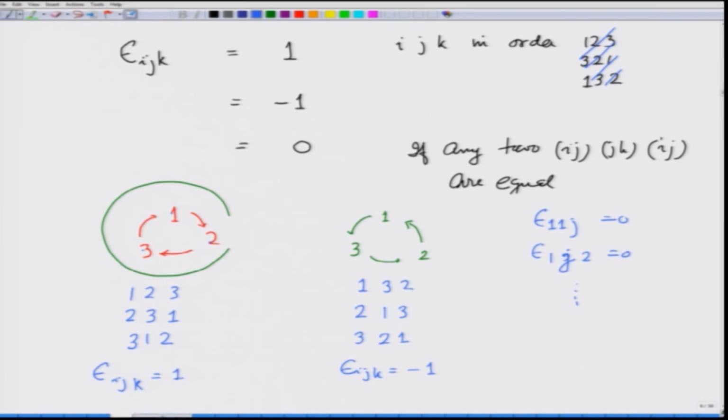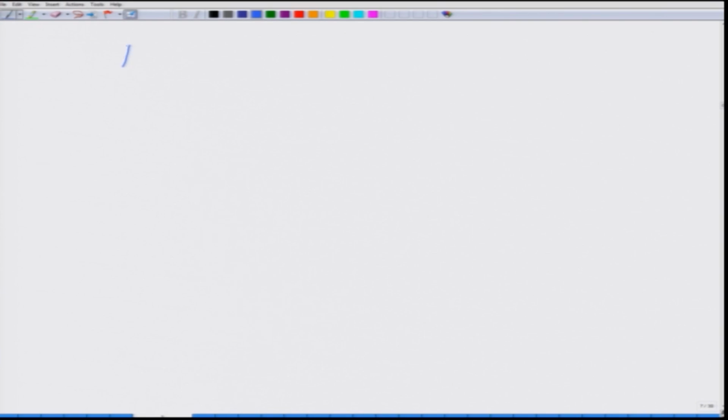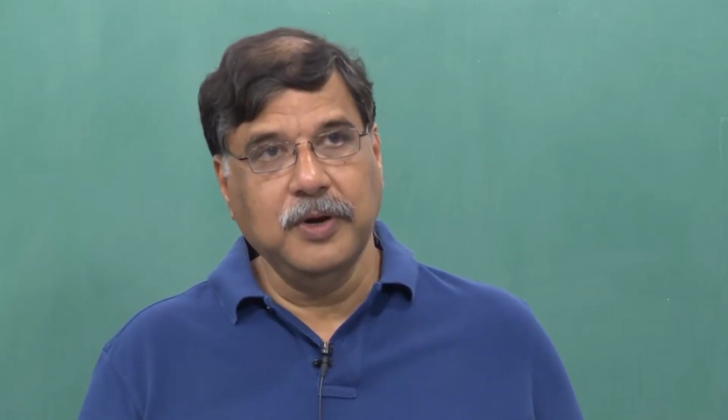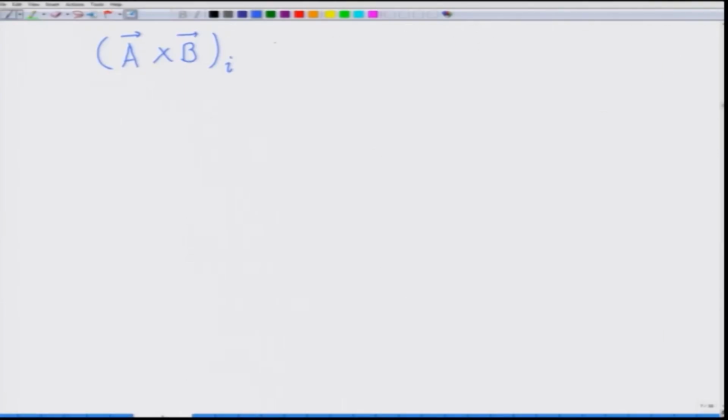So, now I am going to express the cross product. If I take A cross B, its ith component, i could be 1, that is x component, i could be 2, that is y component, i could be 3, that is z component, is going to be expressed as summation over j and k of epsilon i j k a j b k, where j equals 1, 2 or 3.